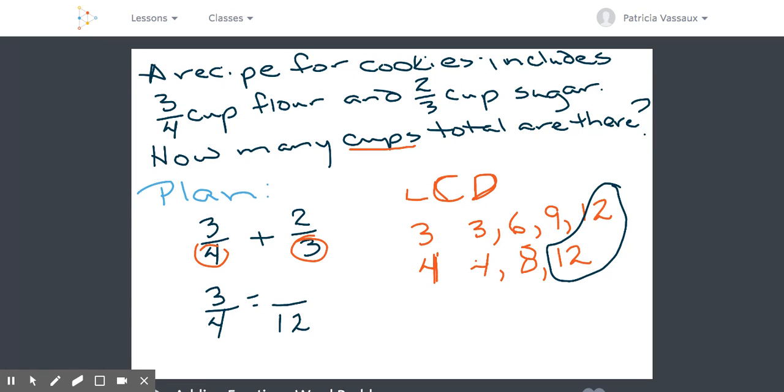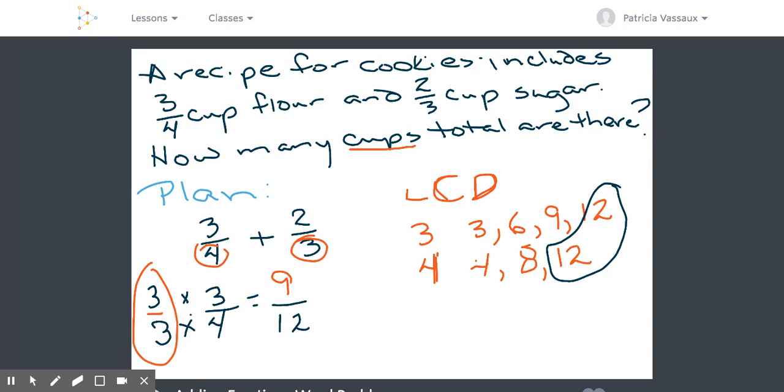But what does that 1 look like? Well, 4 times 3 is equal to 12. But in order to multiply by 1, you've got to do the same thing in your numerator. So 3/3 is equivalent to 1. So 3 times 3 is 9, and 4 times 3 is 12.